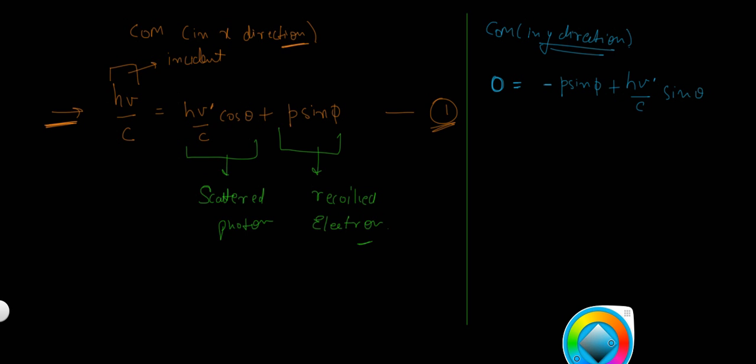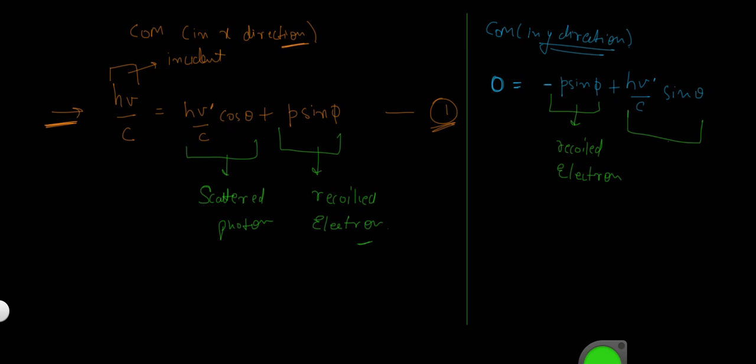Now what is this? This is the momentum in y direction of the recoiled electron, and this here is the momentum in y direction of the scattered photon.